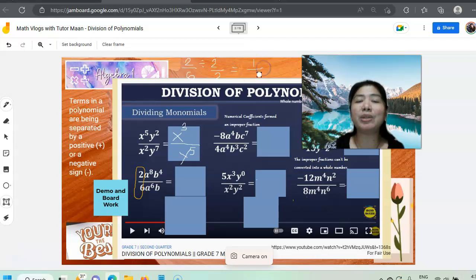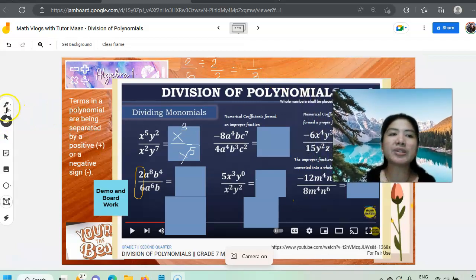And then 6 divided by 2 is 3. The new denominator is 3. So the fraction 2/6 when expressed in lowest terms is equal to 1/3. So that will be the numerical coefficient for our answer. Again, we write the fraction bar. The new numerator is 1 and the new denominator is 3.